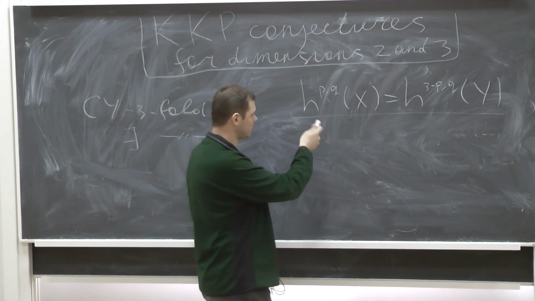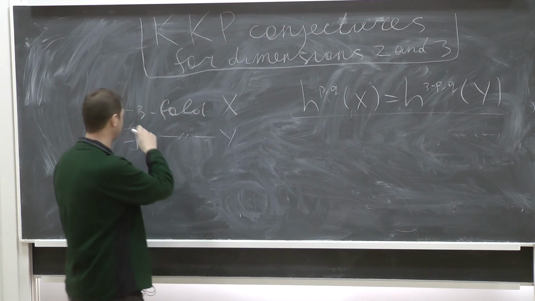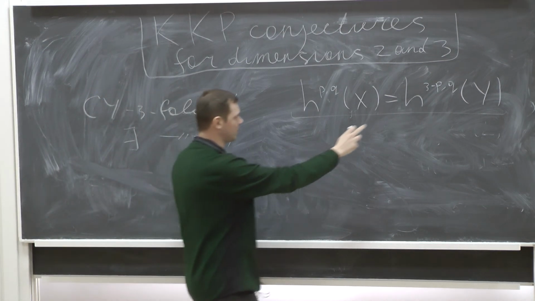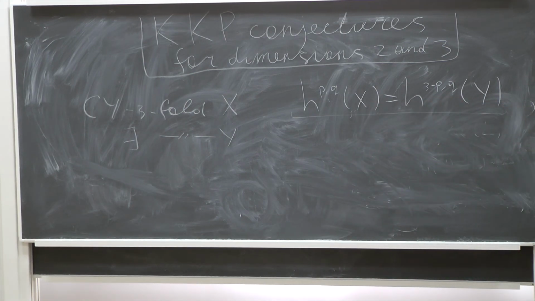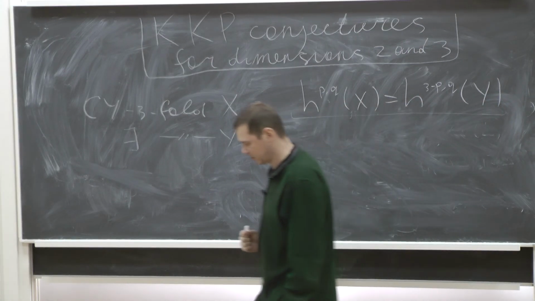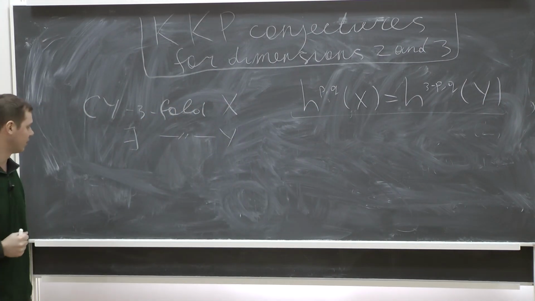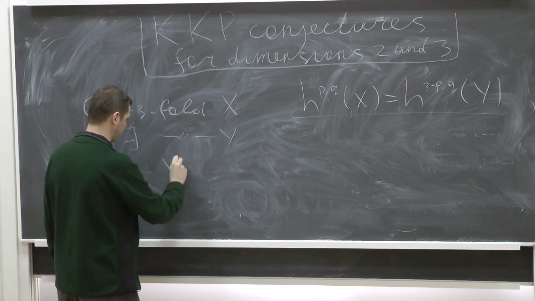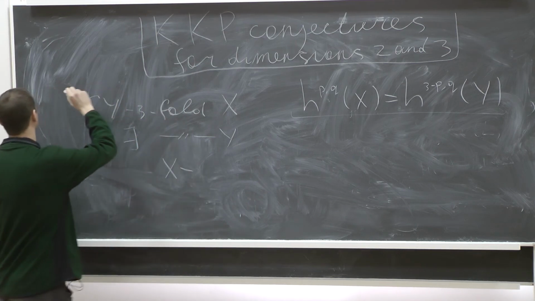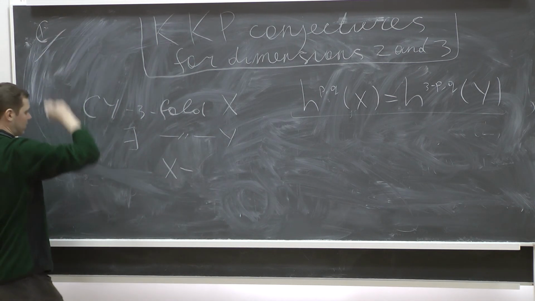Of course, we can replace threefold by n-fold, just replacing 3 by n here. But we're interested not only in Calabi-Yau varieties, but in Fano varieties. So mirror symmetry relates Fano varieties. Everything is smooth over C, as usual.